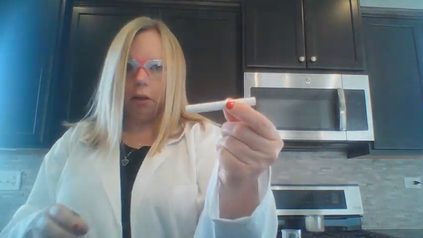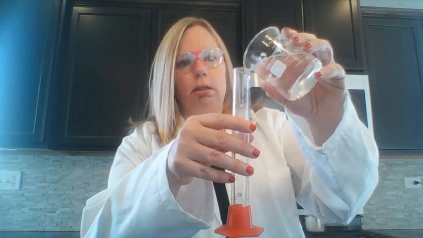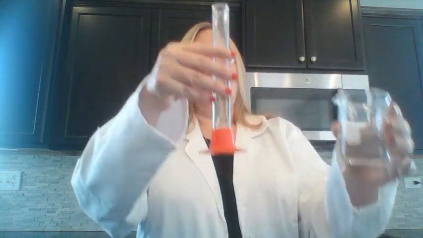So looking at our two pieces of chalk, we have small, we have medium, and now we're going to do a whole piece of chalk. So one large piece of chalk, 30 milliliters, right at 30 milliliters.